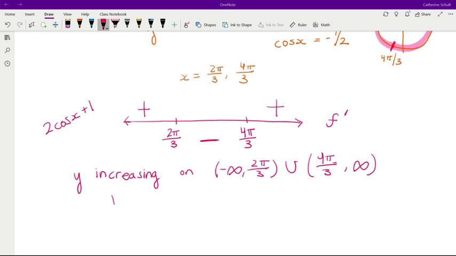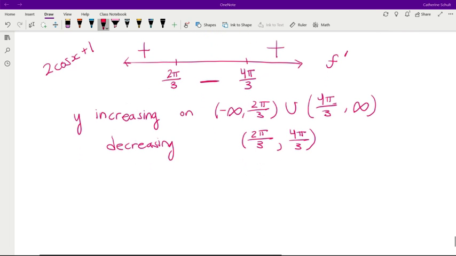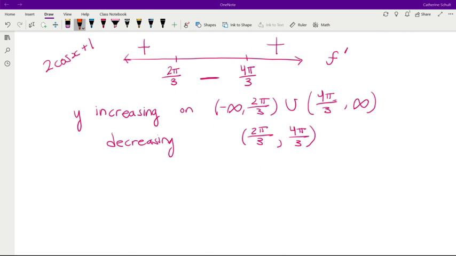And then y is decreasing on the space between. Okay. All right. And then with that, we can also figure out the local mins and local max using the first derivative test.